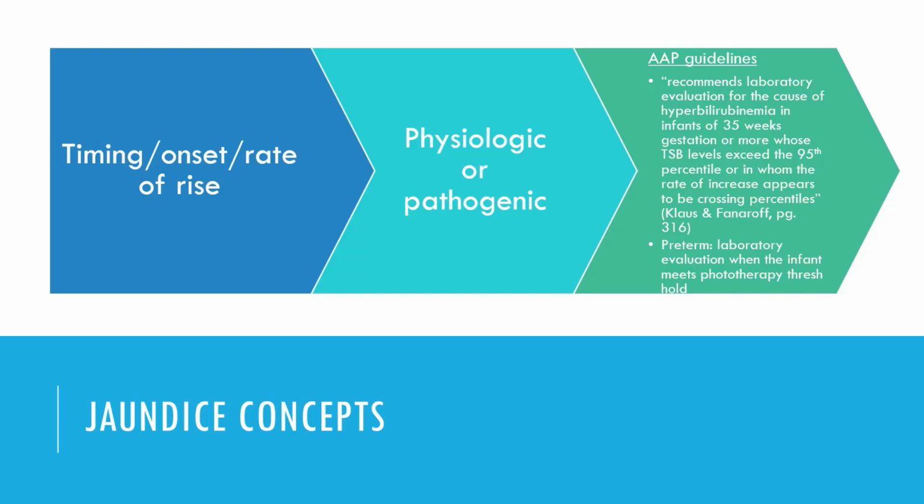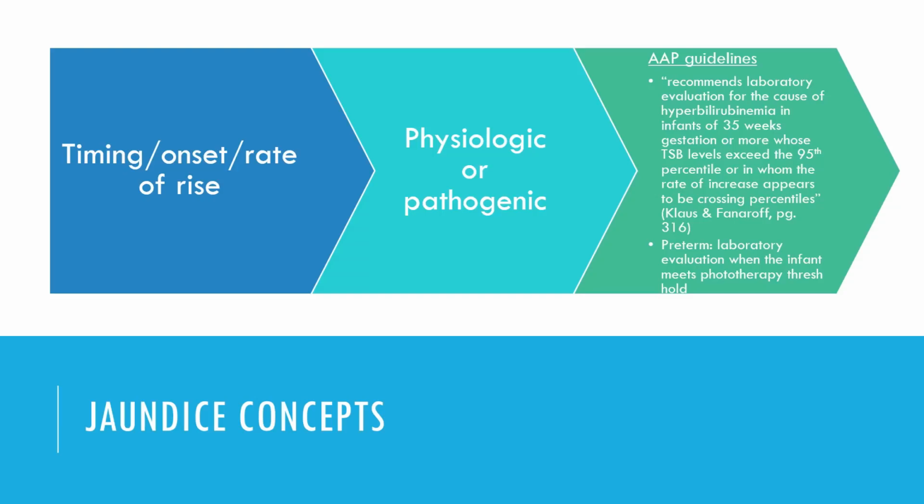And then for preterm, laboratory evaluation when the infant meets phototherapy thresholds. So we're a little bit more cautious with our preterm babies. We don't wait for them to get to that 95th percentile before we throw in an extra lab or two to figure out if we've got a pathologic condition going on. We're a little bit more careful with them.